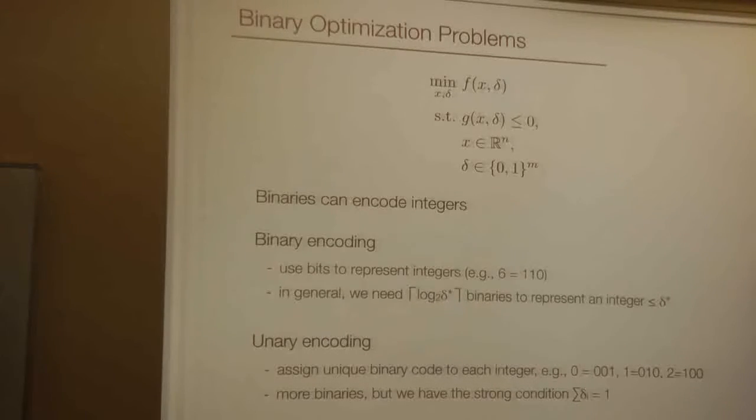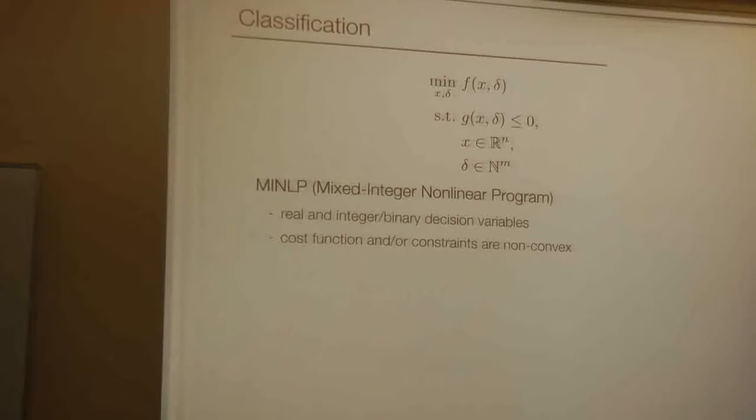And when talking about complexity, meaning how much time it takes to solve an optimization problem, besides the number of binary variables and the number of feasible combinations of these binary variables, the other aspect which makes some problems rather easy and some rather difficult to solve is the type of the cost function and of these constraints here. We might have both the cost function as well as the constraints as non-convex functions.